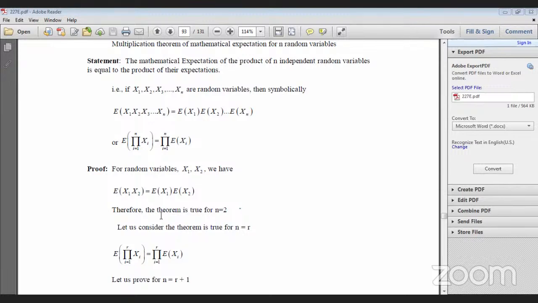So therefore we are taking for random variables x1, x2, we have e of x1 x2 is equal to e of x1 into e of x2. So therefore the theorem holds for 2.